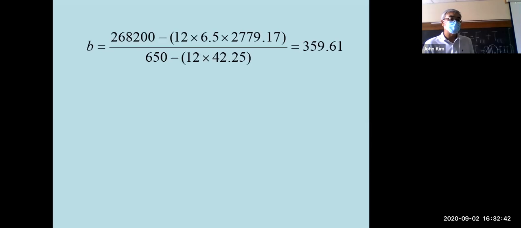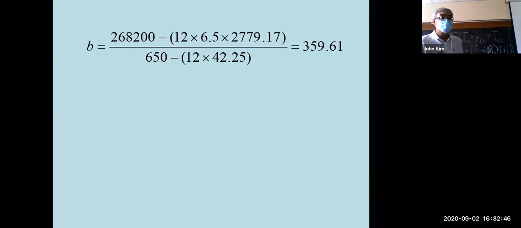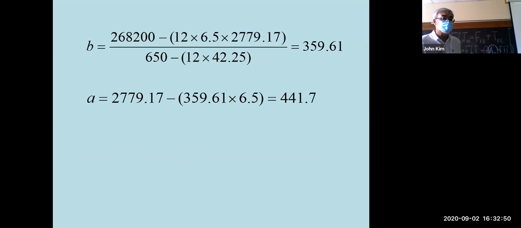So plug in like this. So b, the slope, equals 359.61, and then a equals like this, and so on.